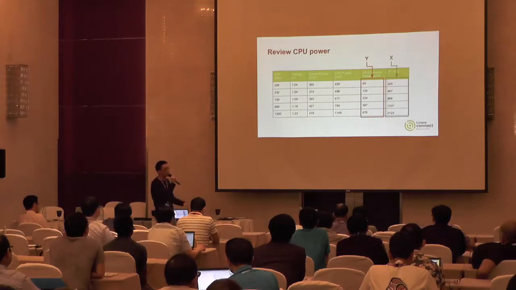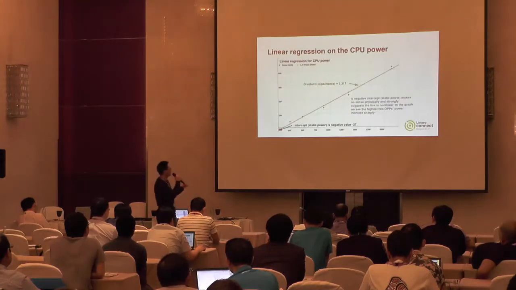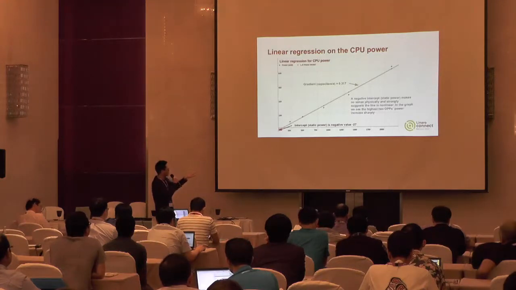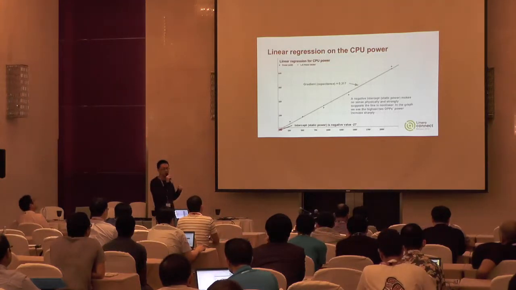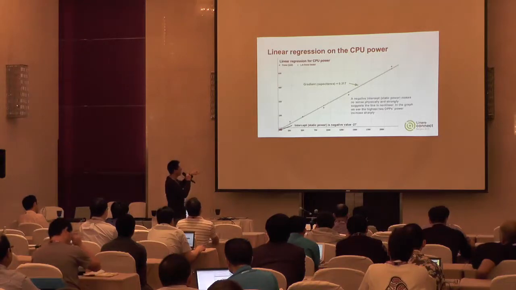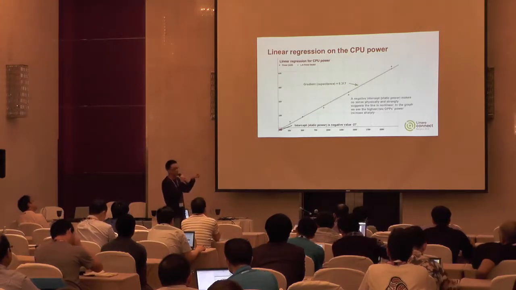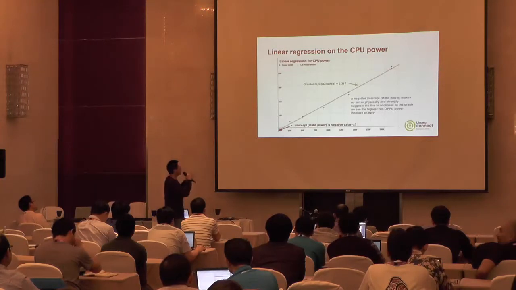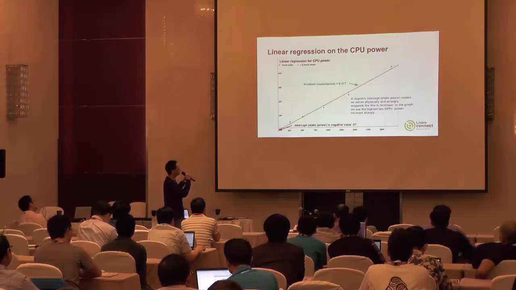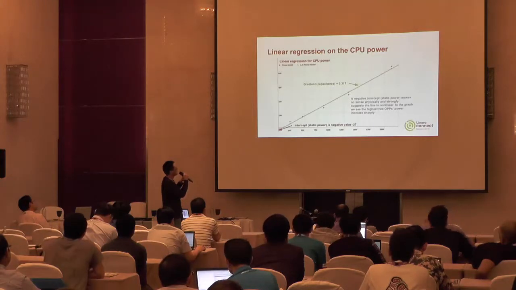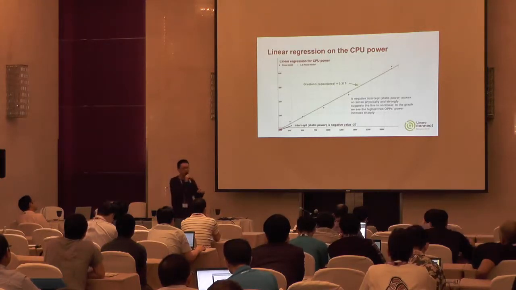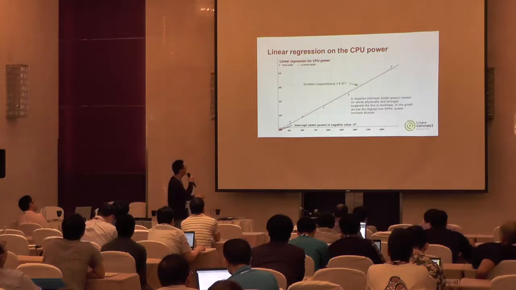For the CPU level, we can also use the same method on the CPU power data, applying linear regression on the measured data. But here I found one problem: the intercept is a negative value, minus 27. This doesn't make sense, because it means the static leakage is negative, and we cannot pass this negative value into the thermal curve; it will introduce errors.